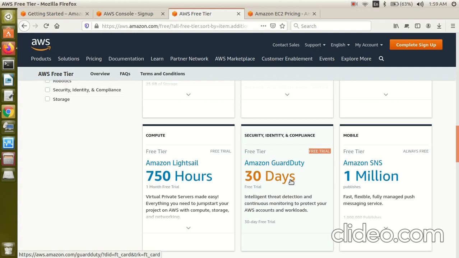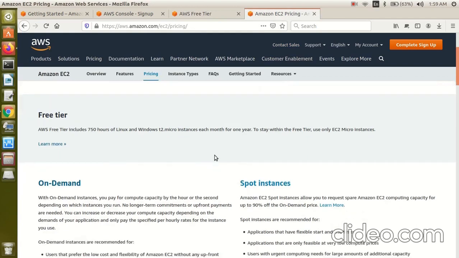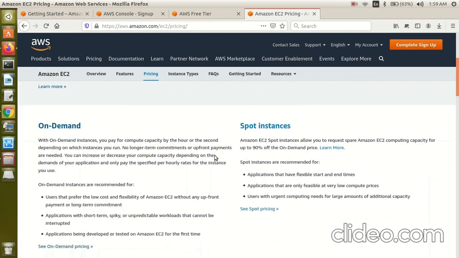And if we wish to continue that service, then we can opt for it by paying the stipulated amount for it. Now we can have a look at the different payment models available for acquiring the EC2 service.